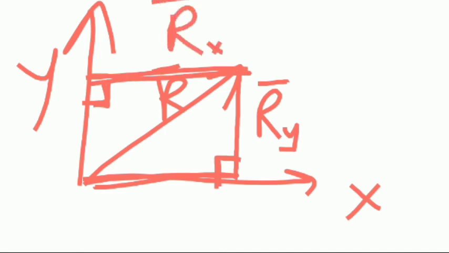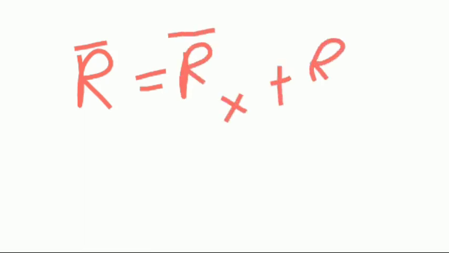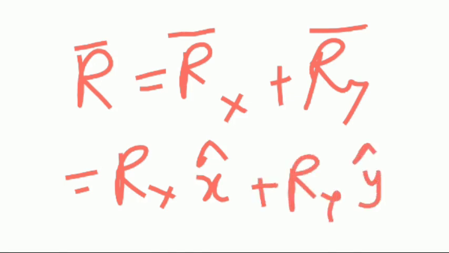So we can resolve this vector r bar into r bar equal to rx bar plus ry bar, or even we can say this is equal to rx into x cap plus ry into y cap.